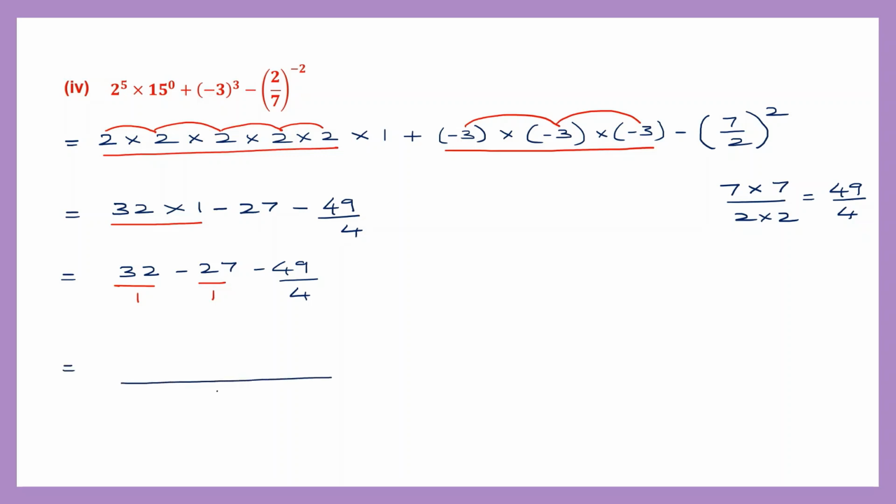So let's write 4 as the LCM and continue. So the first fraction here is 32 by 1. 1 into 4 is 4. So we have to multiply 32 also by 4. So let's multiply 32 into 4 and see. 4 2s are 8, 4 3s are 12. So that's 128 minus, next one is 1 into 4 is 4.